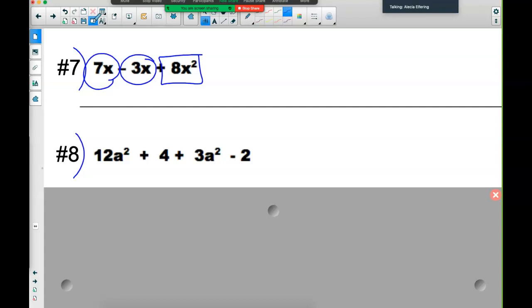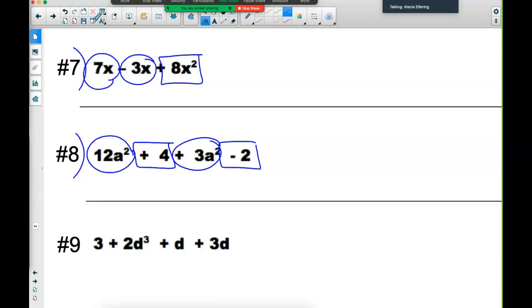And put circles and boxes around it. Hopefully yours looks the same. Circle, box, circle, box. Could have been box, circle, okay?